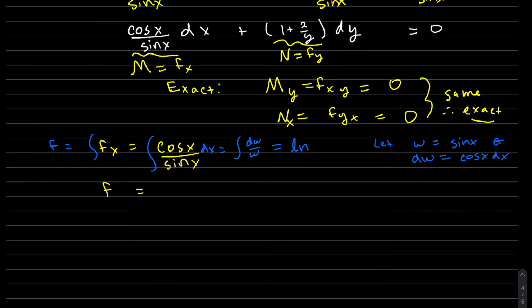Which is equal to the natural log of w. So this is the natural log of sine of x plus a constant. But it's going to be in terms of y, since we started with f of x.